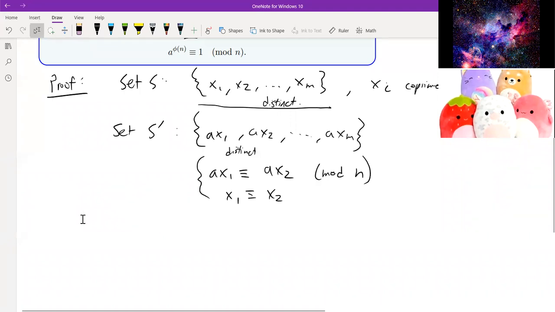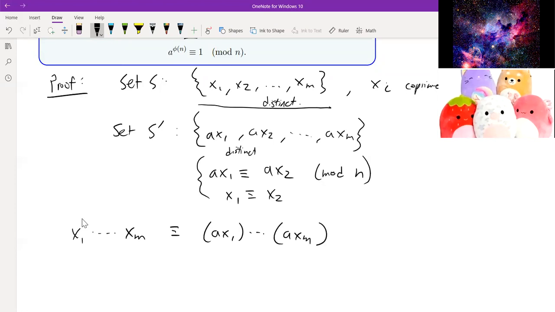Now we're going to look at the product of all the elements in the sets. First of all, the products should be the same because the elements are all congruent to each other. So the product x1 times through xm should be congruent to ax1 multiplied through axm mod n.